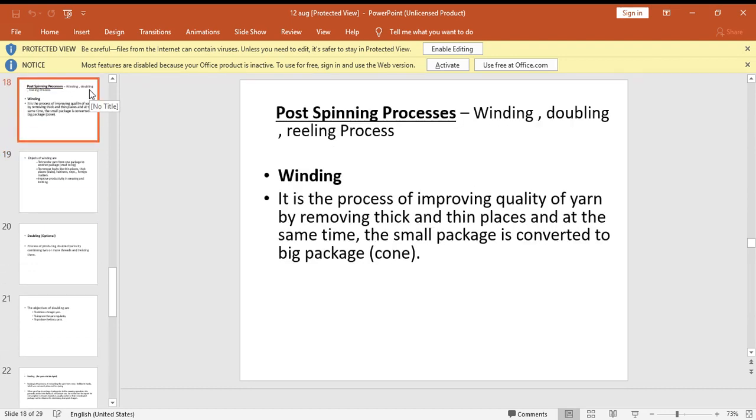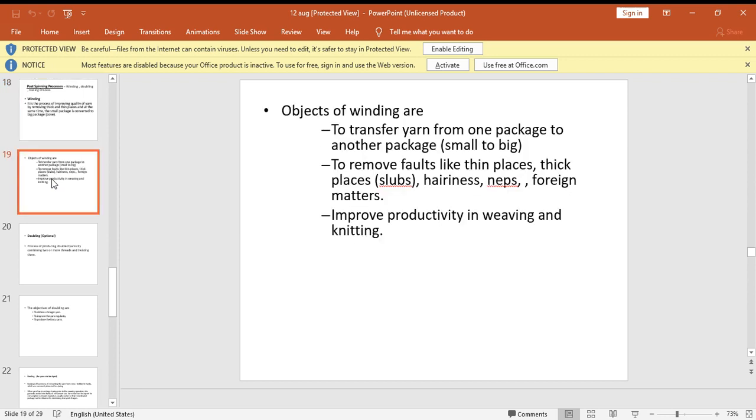So winding is a process of improving quality of yarn by removing thick and thin places, and at the same time the small package is converted into a big package, that is called cone. The objectives of winding are generally to transfer yarn from one package to another package, that is small to big, and to remove faults like thick places, thin places, slubs, hairiness, nibs, foreign matter.